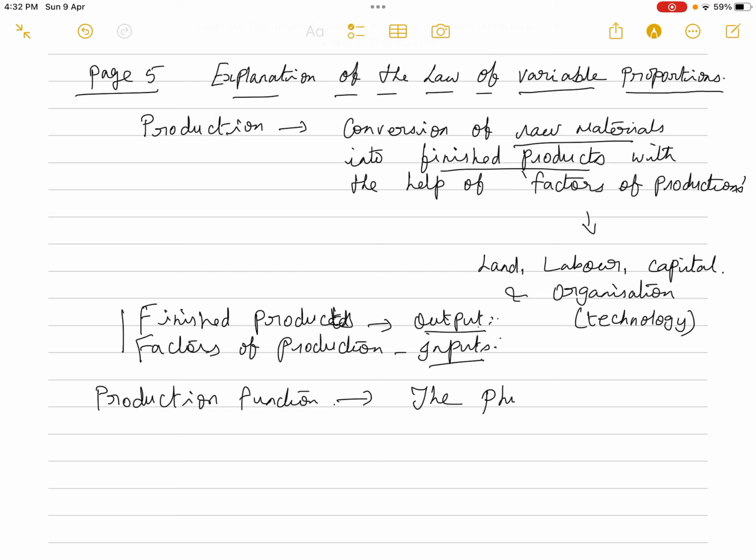Now what is the meaning of production function?